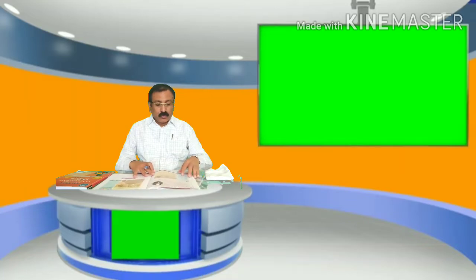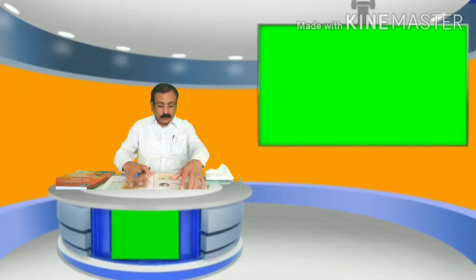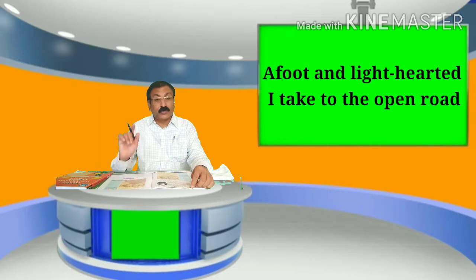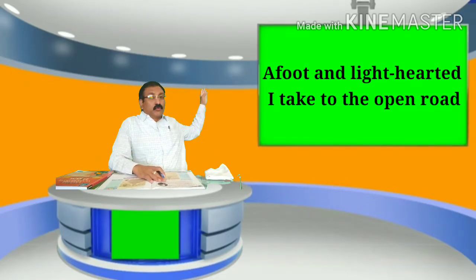If you look at page number 94, where the poem Song of the Open Road begins, let us look at the first line of the poem.